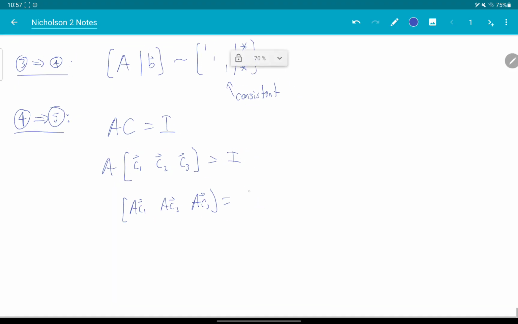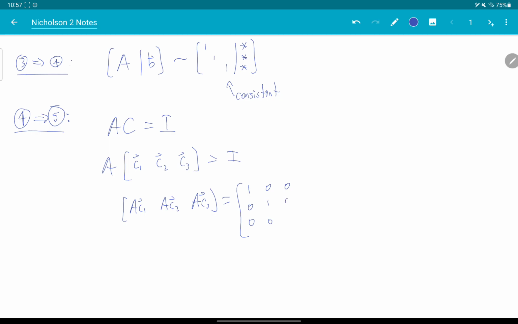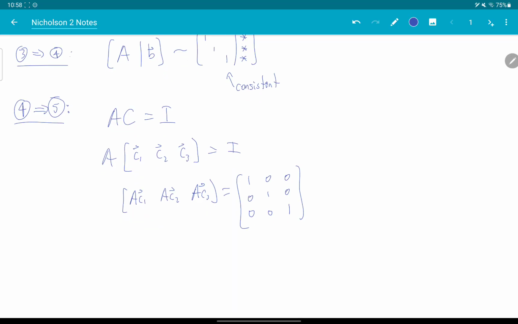Let's take I, and we'll write it as 1, 0, 0, 0, 1, 0, 0, 0, 1. So if I'm going to have a C that does this for me, what does that mean? I need there to be a solution to AC1 equals 1, 0, 0, and I need there to be a solution to this equation, and to this equation, that's a 3.